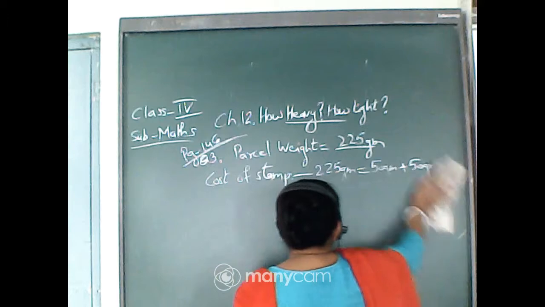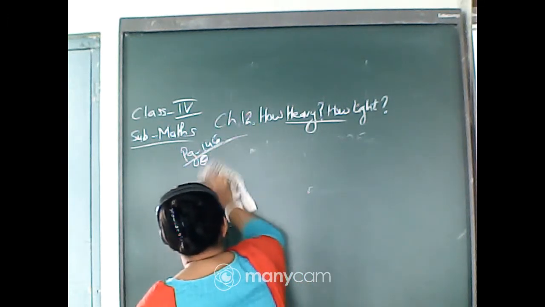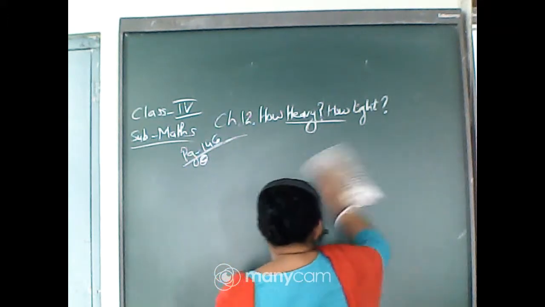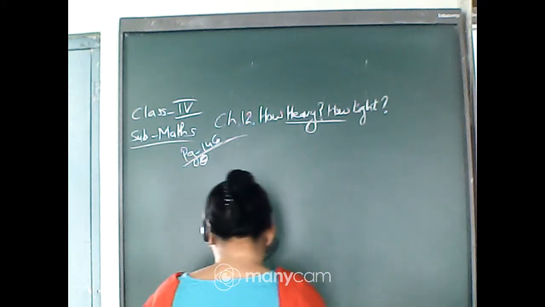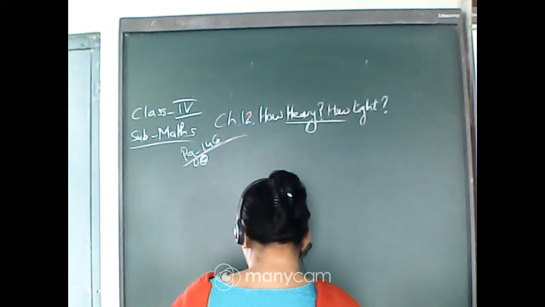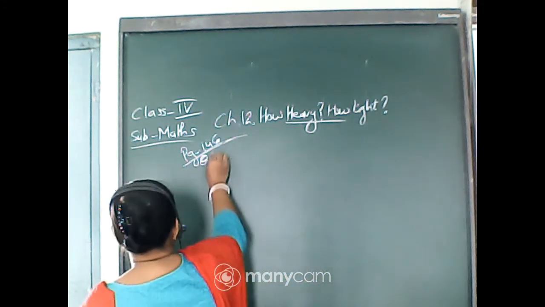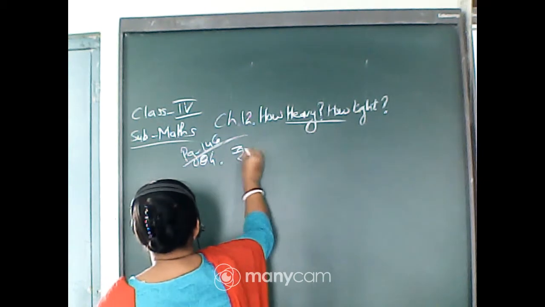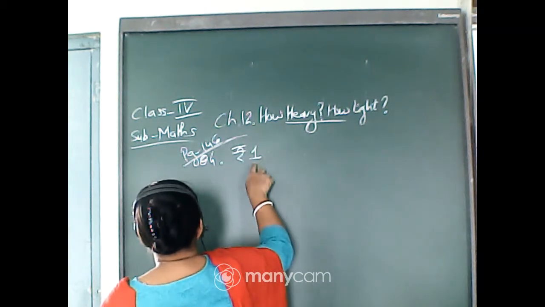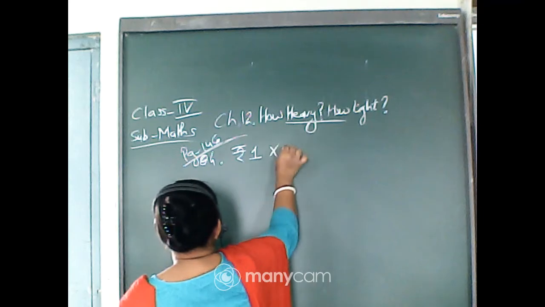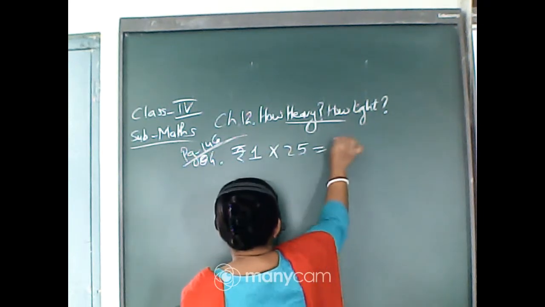See, first of all, he has a 1 rupee stamp, isn't it? So what he can do? He can buy rupees 1 stamp 25 times. Then it will be rupees 25.